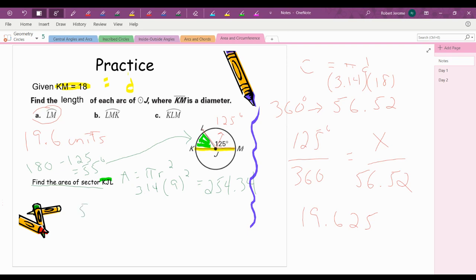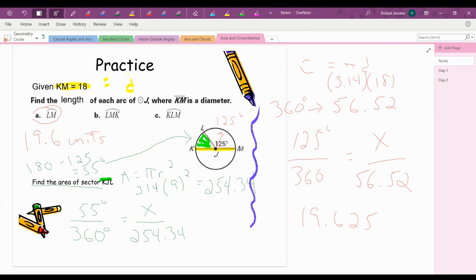So 55 degrees of the circle is what part of the whole area? And again, we're just going to cross multiply. So 254.34, cross multiply that.